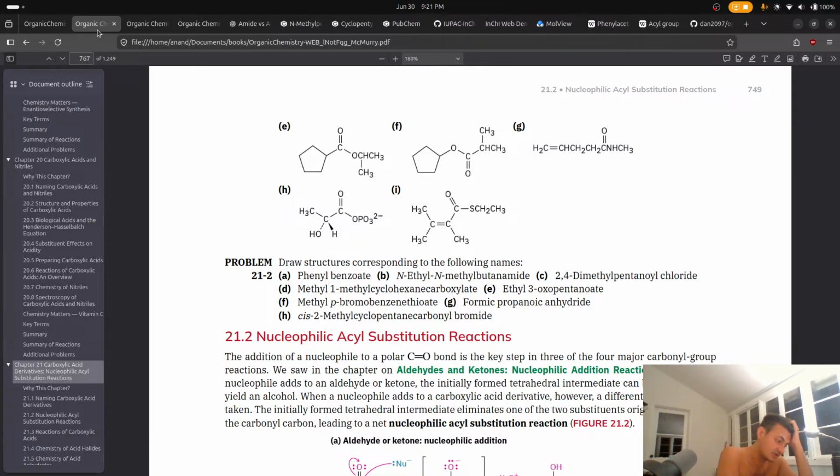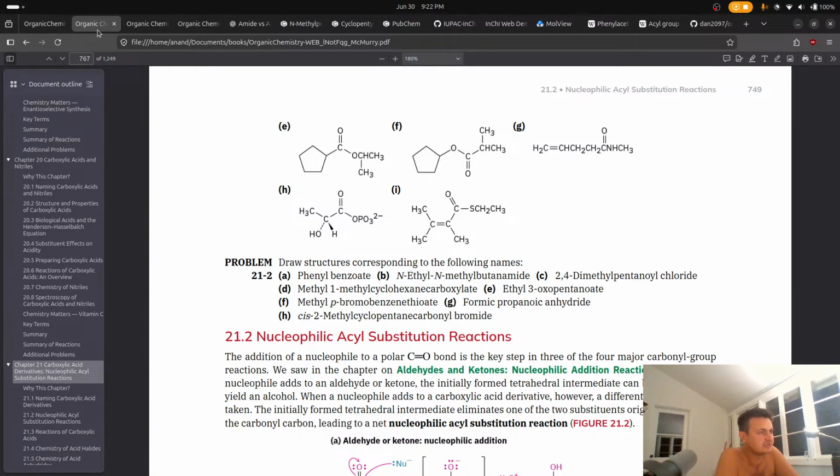So if we want the anhydride, we're going to get HCOO, C double bond O, C, C. Actually, wait, I want to draw this. All right, the anhydride seems fine.